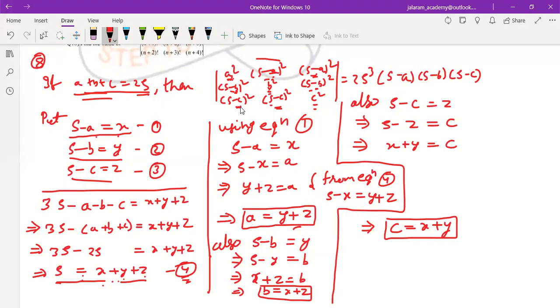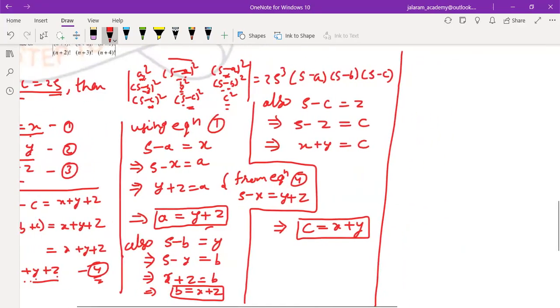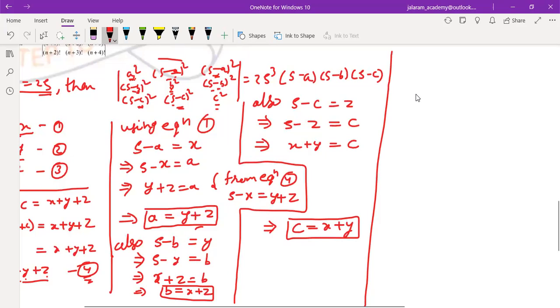In place of s minus c, we write z: z square, z square, and c is (x plus y) whole square. So all the terms of the determinant are now in terms of x, y, and z. So a new determinant is there now, delta equals, in place of a, we write y plus z.